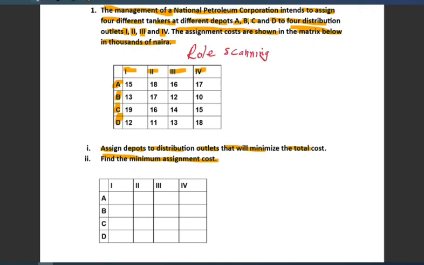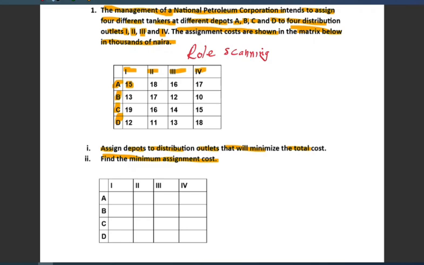So we'll start with the rows, and the first row: find the smallest number in the first row. From the first row, the smallest number is 15. So I'm going to subtract 15 from all the numbers.